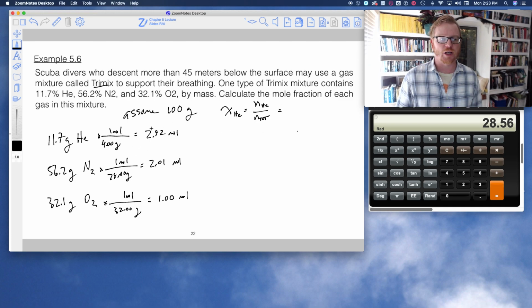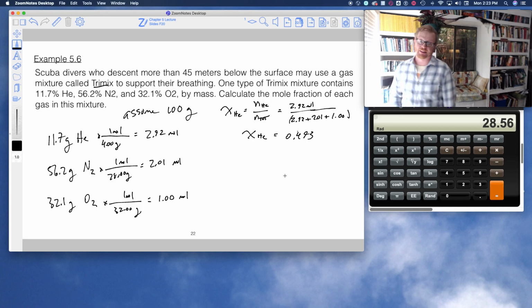Well, I know helium was 2.92 moles. So what's the total? Well, the total is going to be 2.92 plus 2.01 plus 1.00. Okay? And that all gives me 0.493 for the mole fraction of helium.